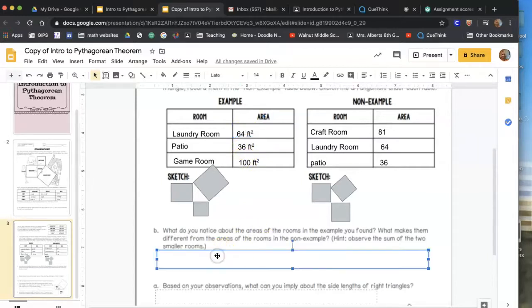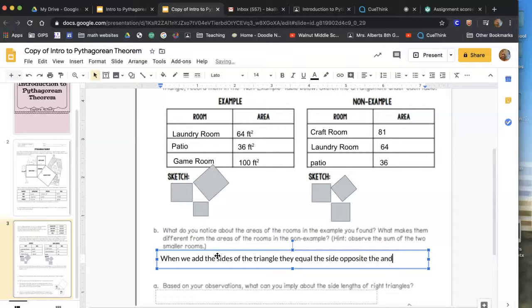So what we notice is that when we add the sides of the triangle, they equal the side opposite the angle. So when I say that, I'm saying this side plus this side equals the side opposite the angle.